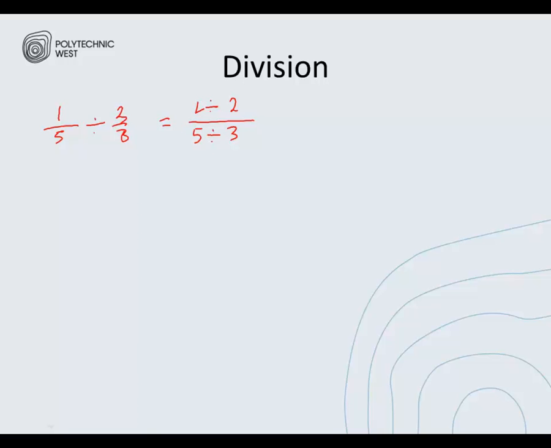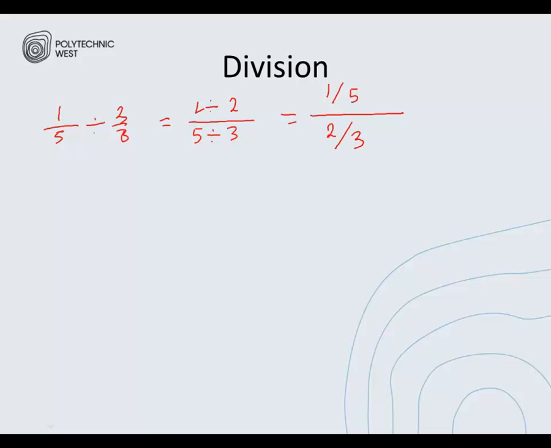Now that's not really helping me much. But another way I can write it is as a fraction. 1 over 5 divided by 2 over 3. Now that's a fraction.